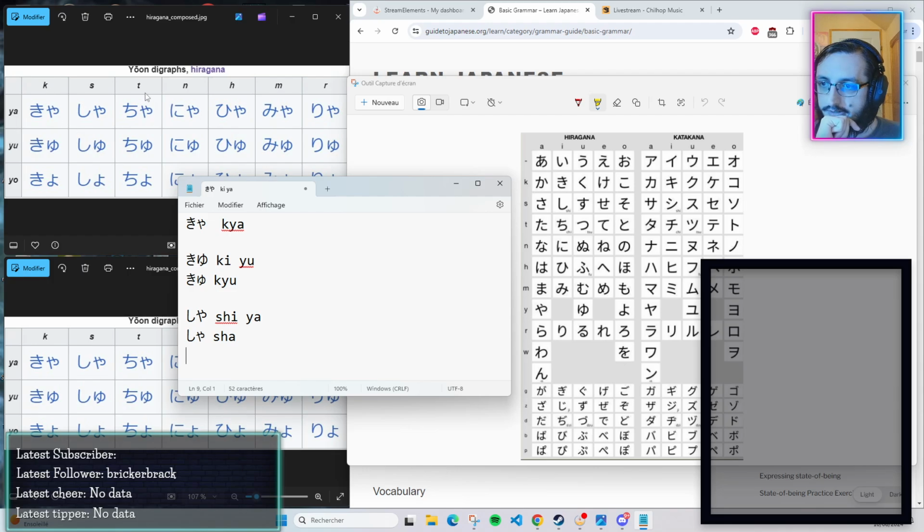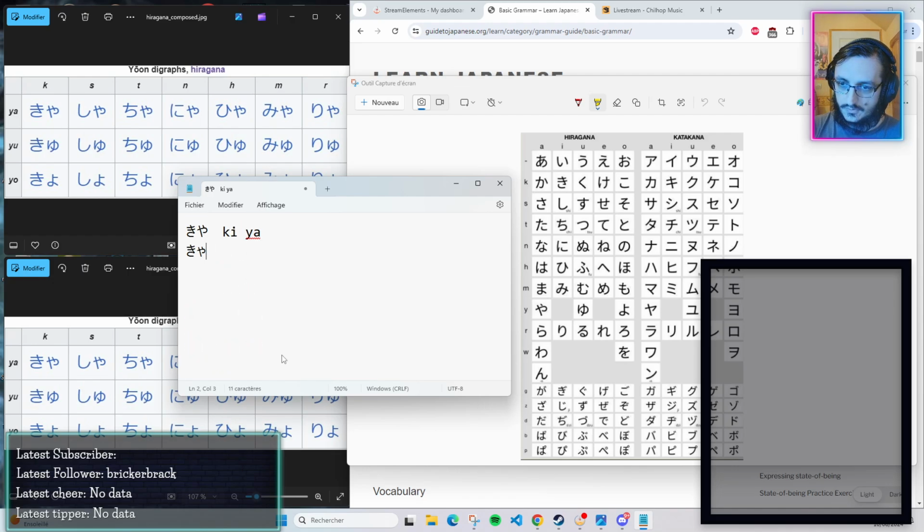Okay. Next one is the T line. So we saw last time that ti doesn't exist in Japanese. It's chi, which is another irregular. So as for the shi, we get an irregularity also with the ya, yu, yo. So chi, ya.